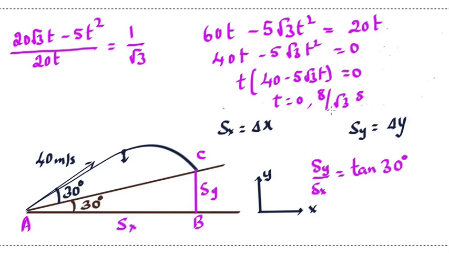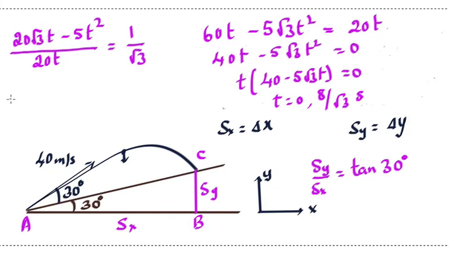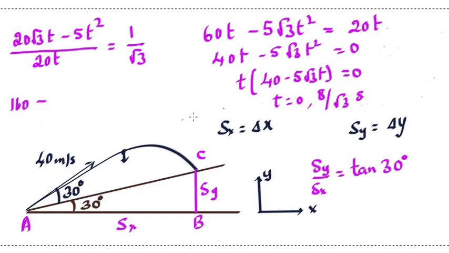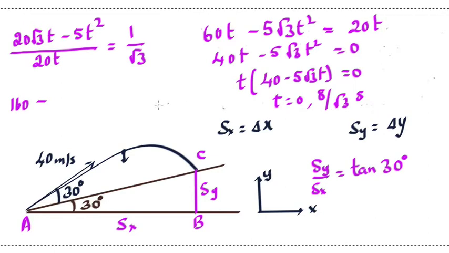Now that I know the time 8 by root 3, I just need to substitute 20 root 3 multiplied by 8 by root 3, that is 160, minus 5 times t squared, that is 64 times 5 divided by 3, that gives 320 divided by 3.